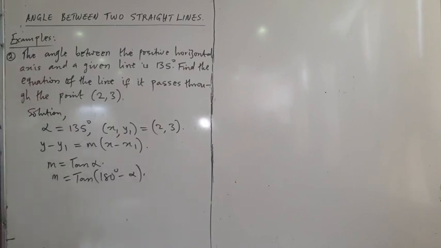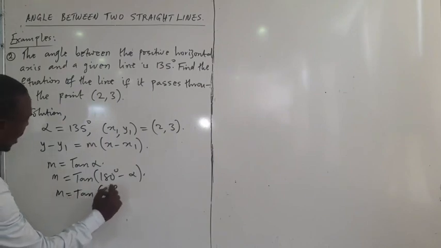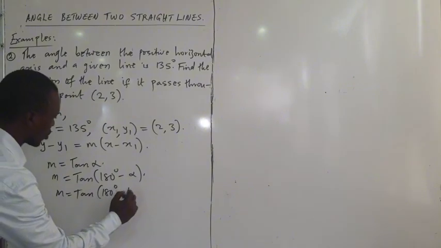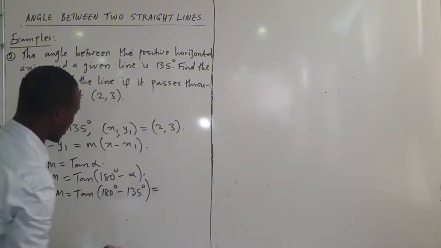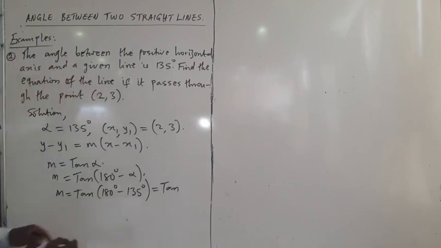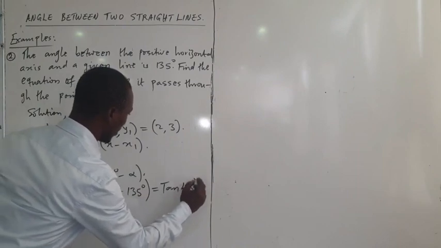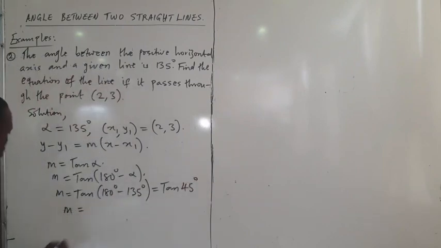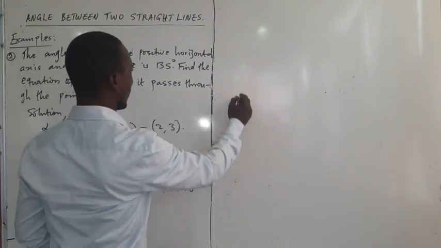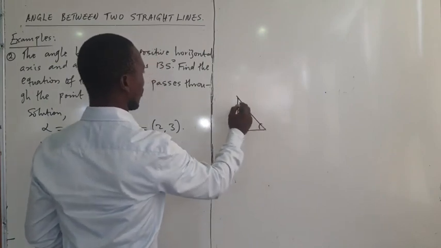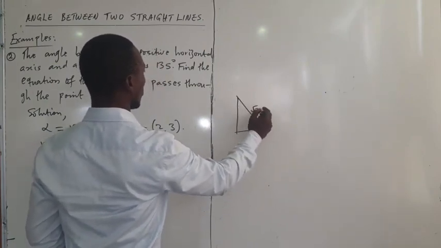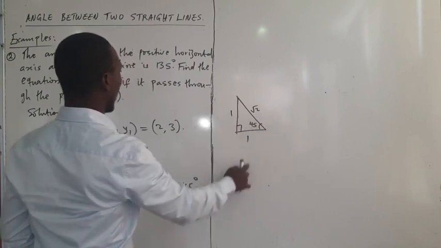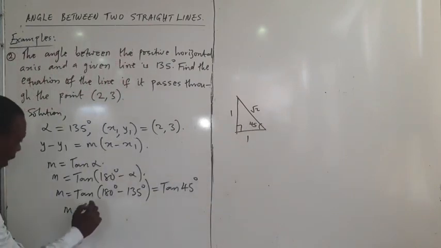So m equals tan of 180 minus 135, which is tan 45 degrees. Tan 45 degrees is 1, opposite over adjacent, that is 1.